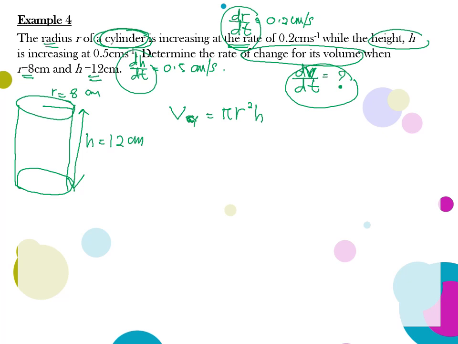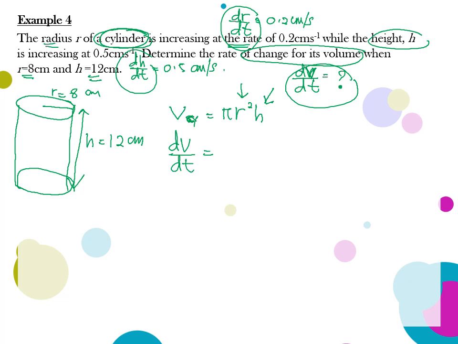Once you have come up with this formula, now you can formulate your dV dt formula. Here your function is depending on two variables only, which is r and h. Pi is a constant here, so don't worry about pi.